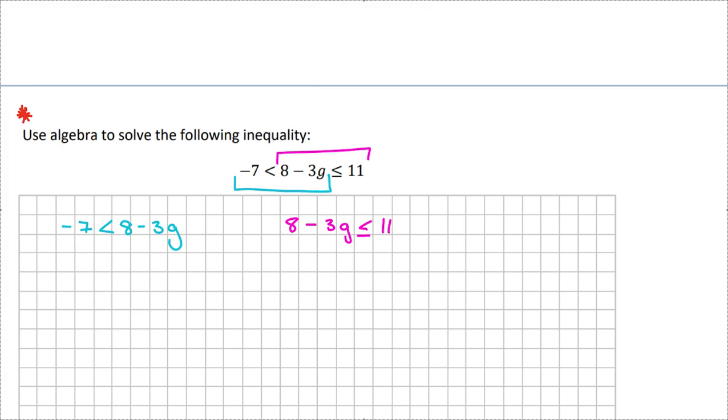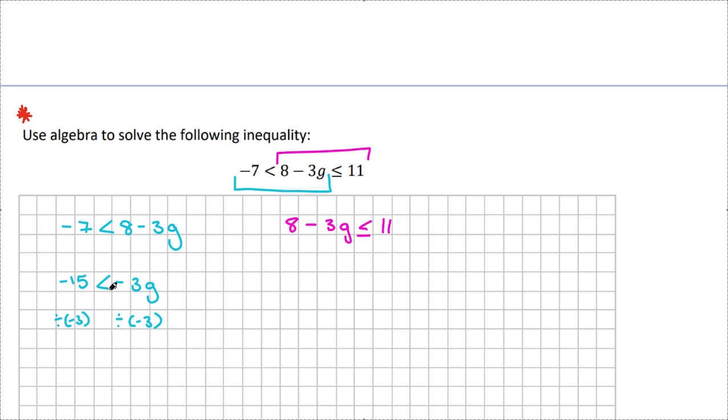So now we're going to solve this. What I'm going to do is take away 8 from both sides. So I get minus 15 is less than minus 3g. If I want to get g on its own, I need to divide both sides by minus 3.